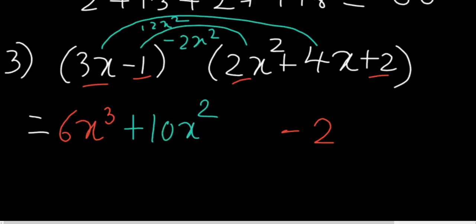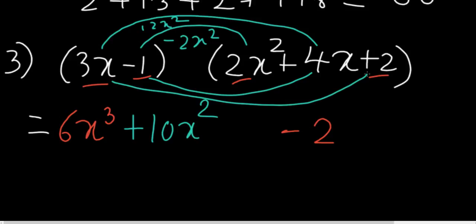And then we need to find the last middle term. So negative 1. We're drawing the rainbow up. Let me take some other color. Negative 1 times 4x is negative 4x, and 3x times 2 is 6x, which makes positive 2x.